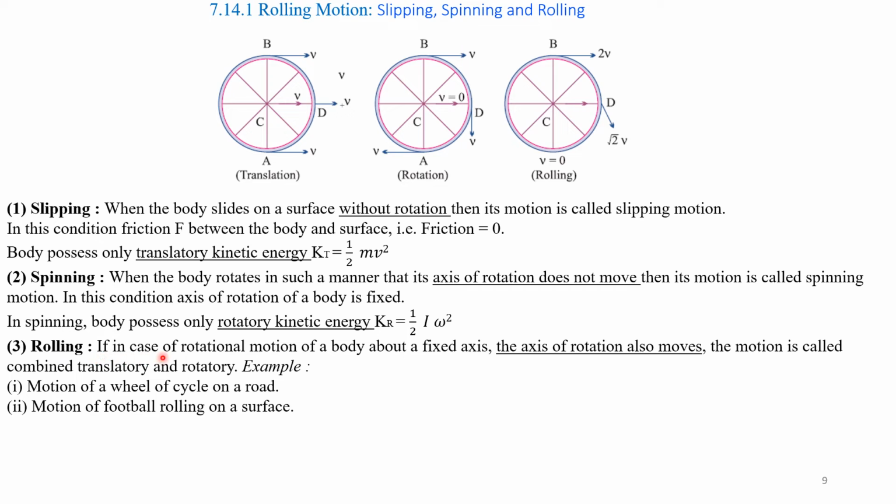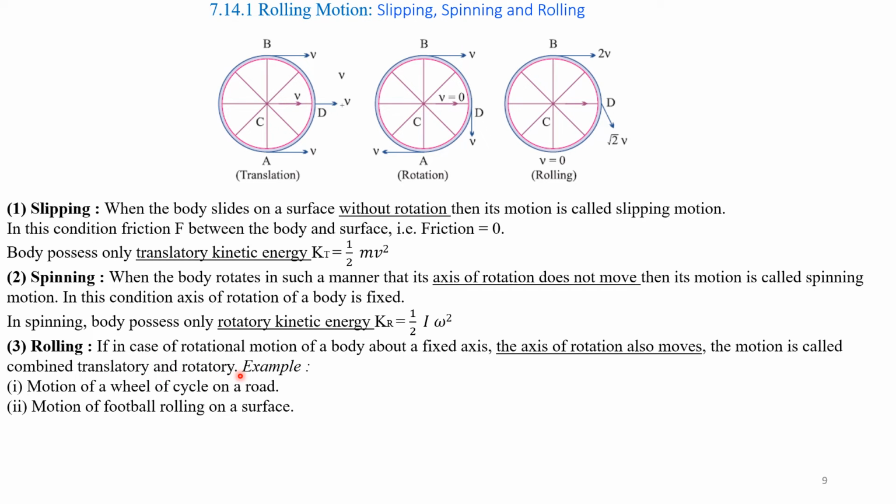Next, part 3, rolling. In case of rotational motion of a body about a fixed axis, when the axis of rotation also moves along with the body, then the motion is called combined translatory and rotary motion.